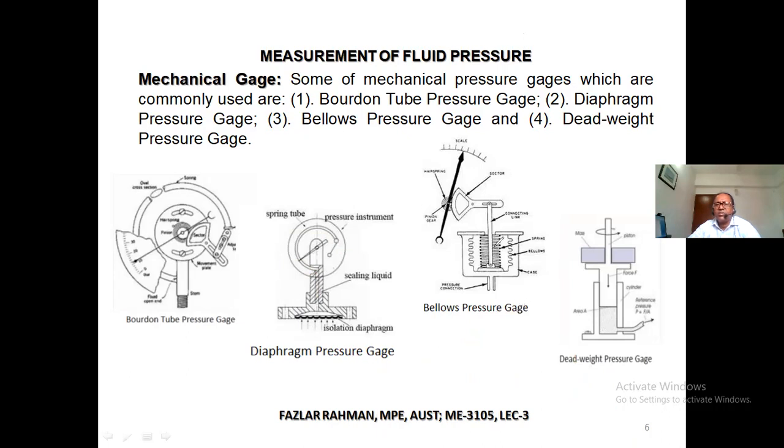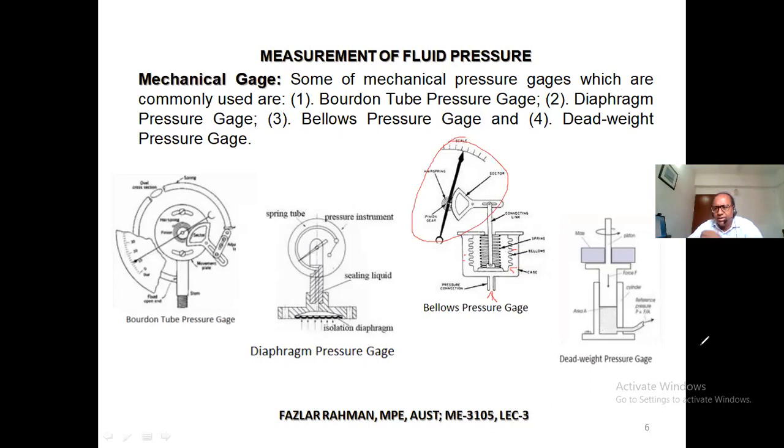Right over here, you see fluid, the high pressure, enters through this hole. Then it flows around, coming over here. Then you see there is a folded portion right below. This will be folded, so it tries to move upward. So that movement will pass through the lever and pointer, and you'll know how much pressure is there.